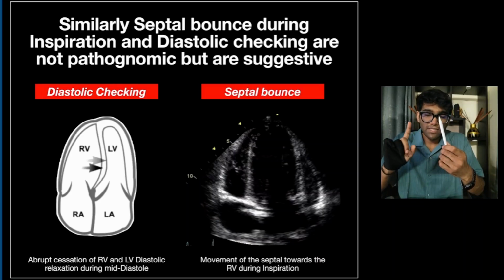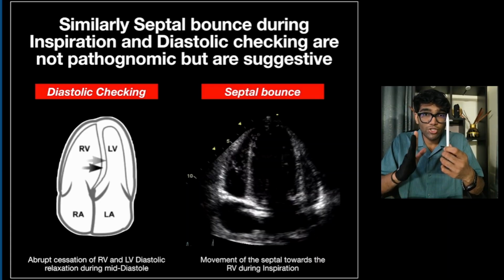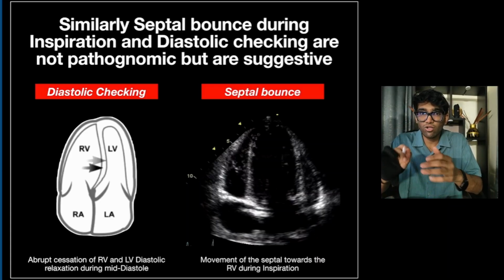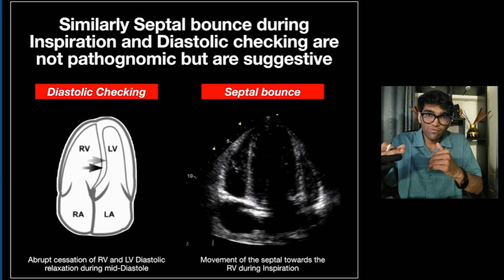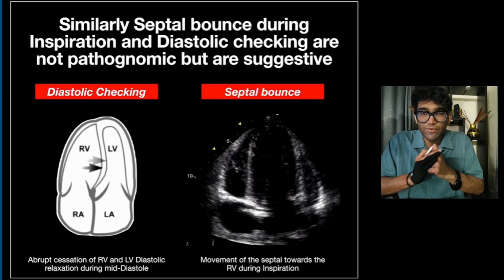Okay, now see, this is a septal movement towards the right ventricular free wall during inspiration. Although during inspiration, mostly the septum is moving towards the left ventricle, because of this, every action has an equal and opposite reaction. This sudden checking of the movement causes the septum to move transiently back towards the right ventricle, and that is what we call a septal bounce.